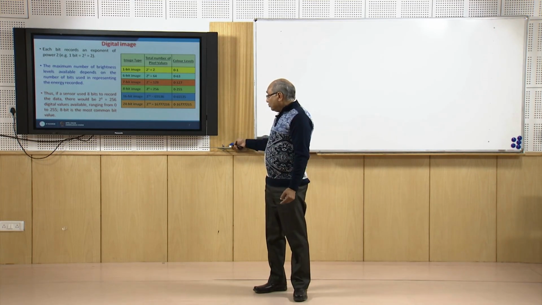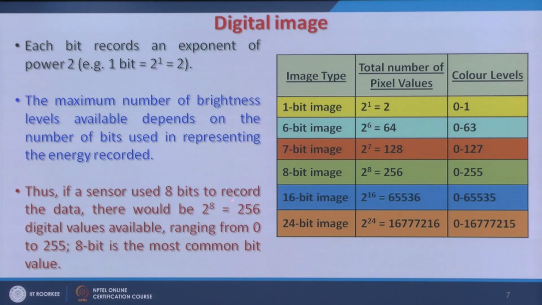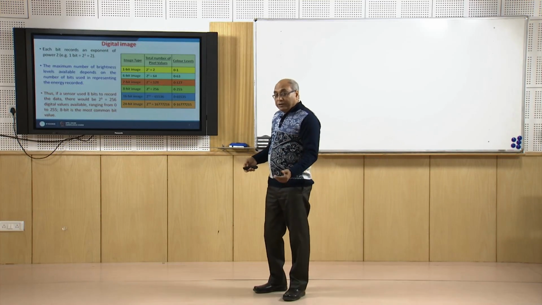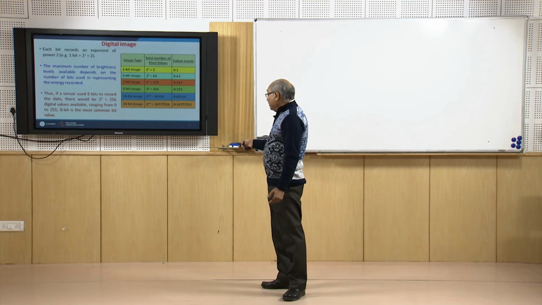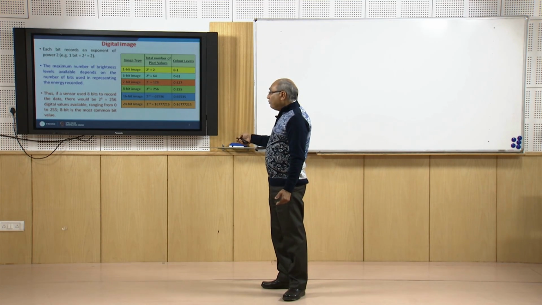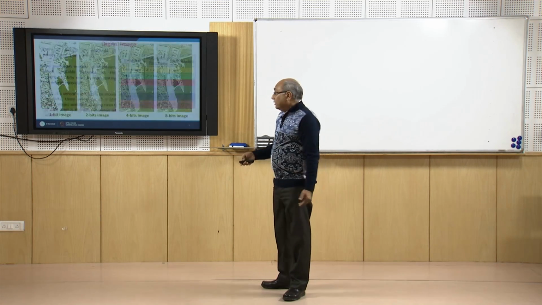And this 24 bit I want to emphasize here, because when we create a false color composite or color composite using 3 different bands of 8 bits each, then your output image becomes 24 bits. So instead of having just 256 colors available, it becomes 1.67 million colors.